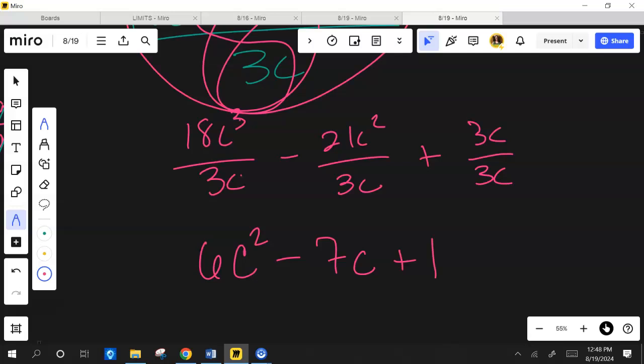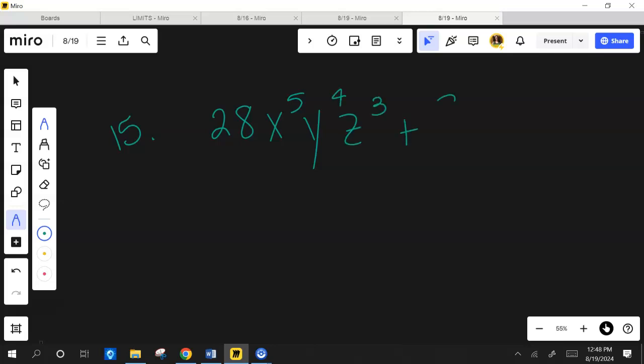Flip over. Let's look at 15 together. Last one together, and then I got some work for you to do. This looks worse than it is. Yep, flip it over.